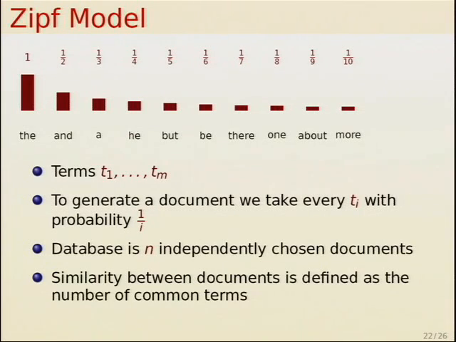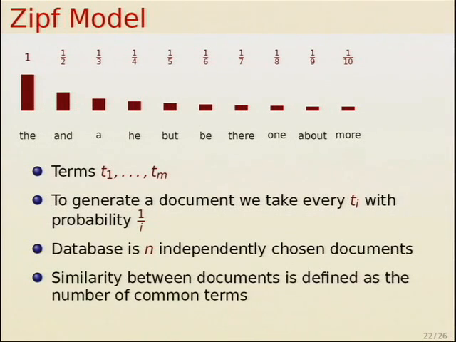And to generate a document, I simply independently take every term with these probabilities. Unfortunately, for English text, they're not independent. I know that. But my current result works only for independent terms. So my proof works. Probably the algorithm will still work for real data, but the proof of correctness works only for the independence assumption.